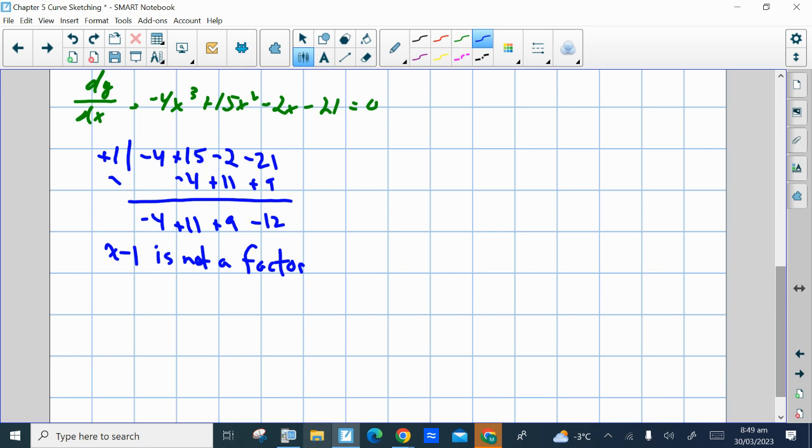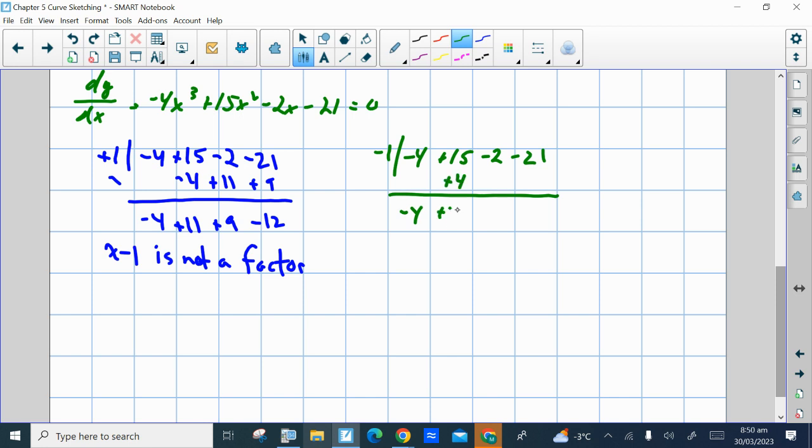So let's see if x plus 1 is a factor. Again, we would change it to x minus 1 so we can add as we're going along. And that's into negative 4, positive 15, minus 2, and minus 21. Negative 1 times negative 4 is positive 4.